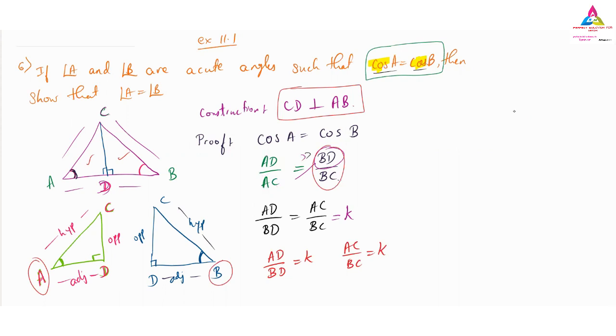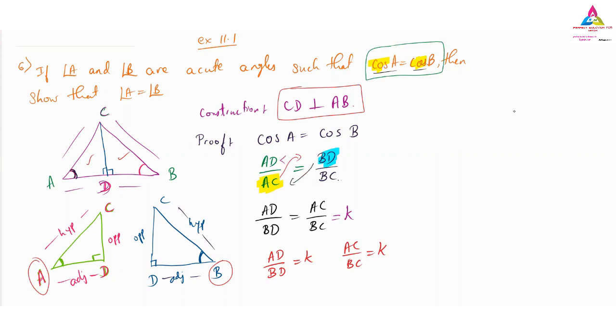Afterwards, I changed their values: I took AC from here and shifted it to the right-hand side, up, and I took BC and kept it on the left-hand side. With one small change, I have taken this BD to this side and shifted it down.